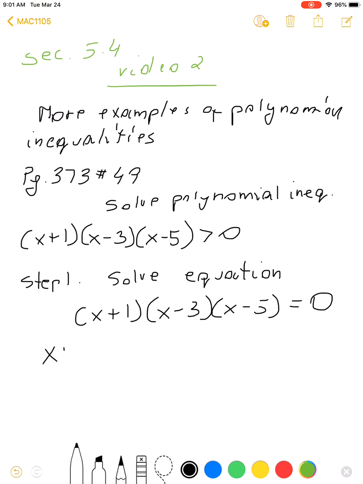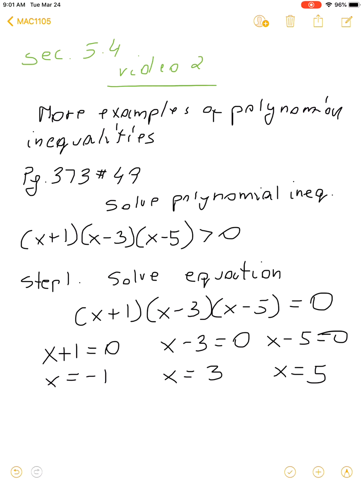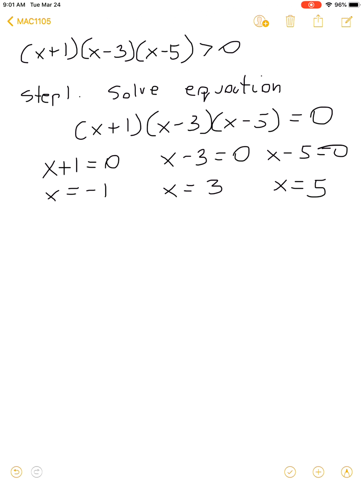Make each parenthesis equal 0. You're solving 2 simple equations. X minus 3 is equal 0, x minus 5 equals 0. So we're getting x equal negative 1, x equal 3, x equal 5. So having those 3 numbers, you're going to create intervals.